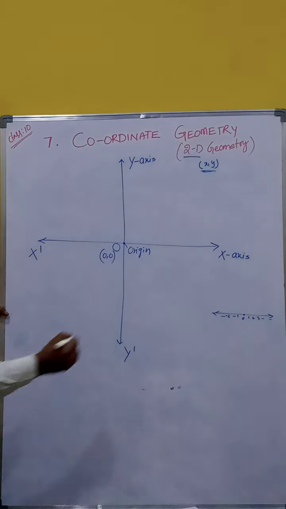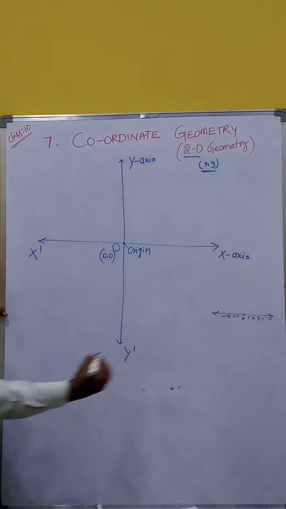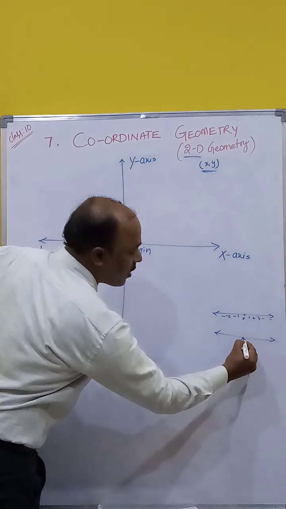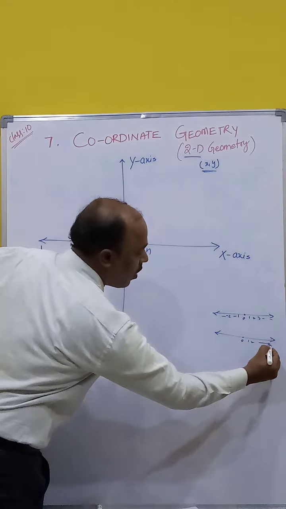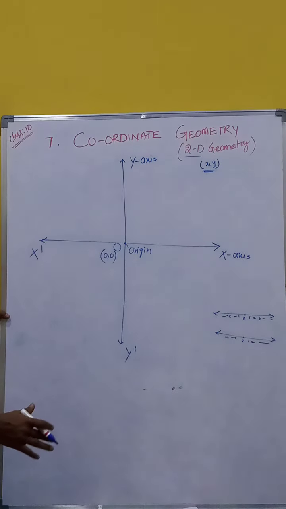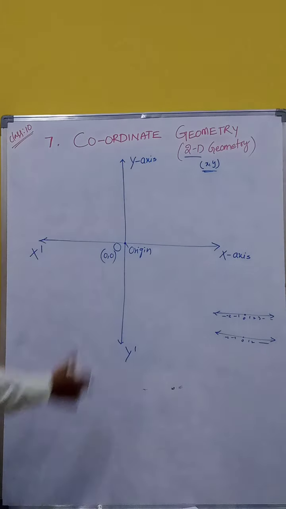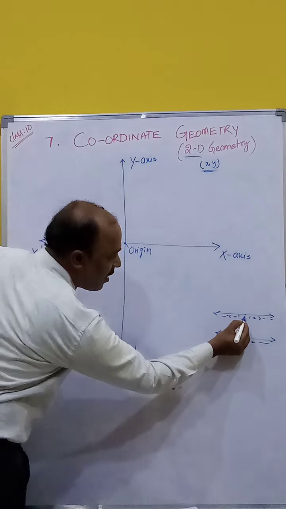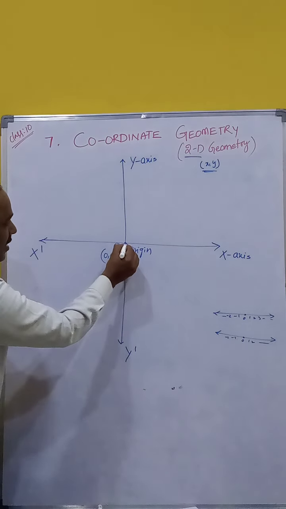The y-axis also is a number line like this: 0, 1, 2, 3, and so on, and minus 1, minus 2, and so on. If these two number lines intersect at one place, mutually perpendicular, then the 0 and 0 intersect at the same place.